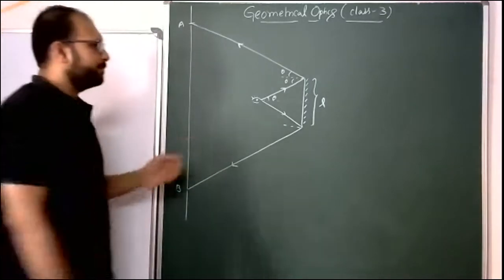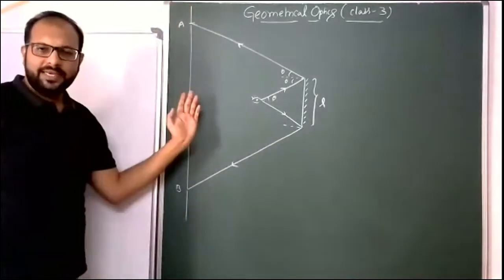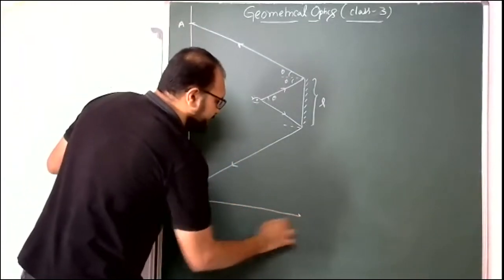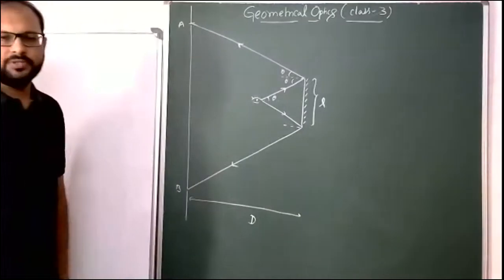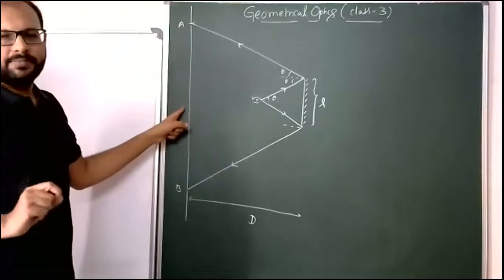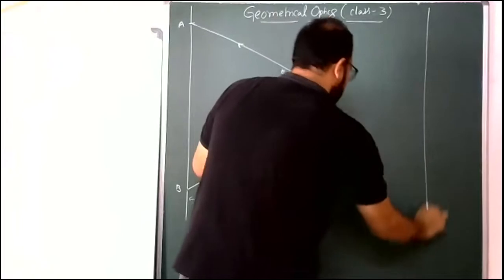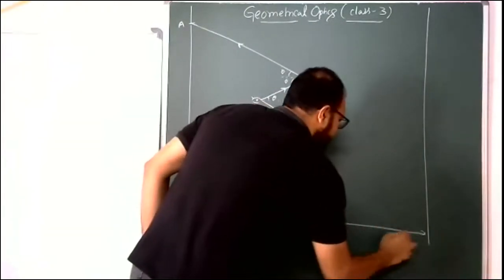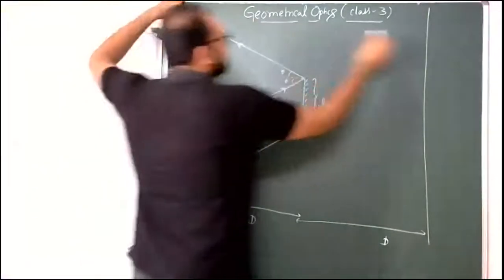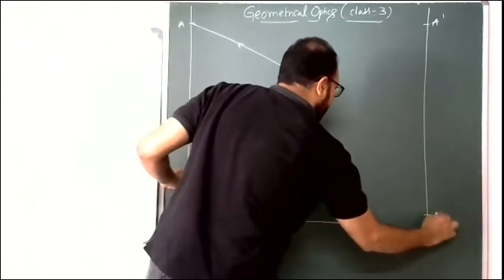But still easy. Here the wall is there. Suppose from the mirror to the wall is capital D distance. Now for this mirror, the wall is the object. Where is the image formed? Here the image is formed, at the same distance capital D. Now the image of A is A prime, and the image of B is B prime.